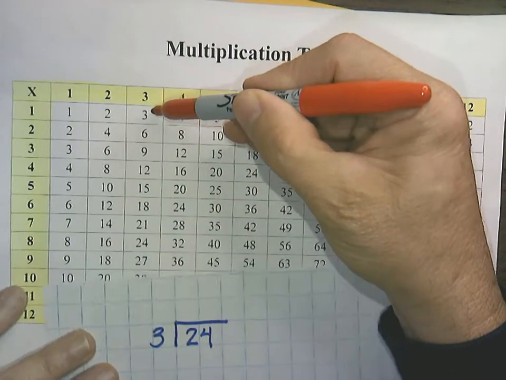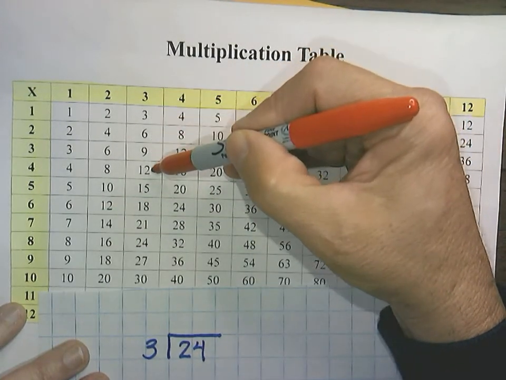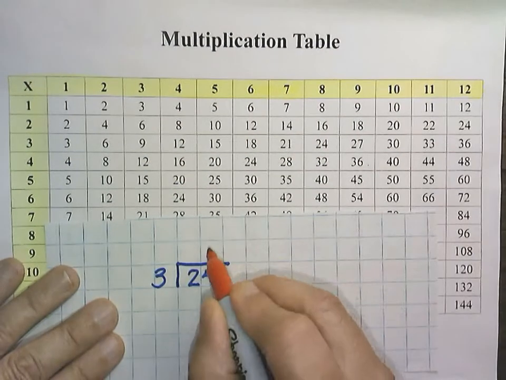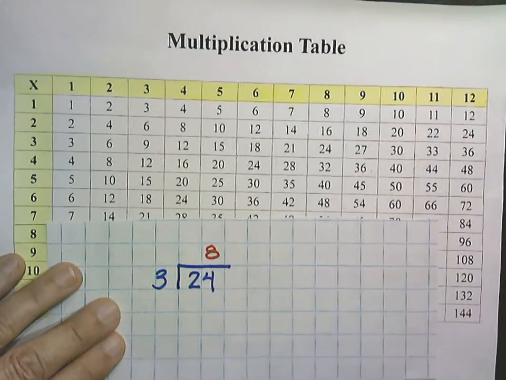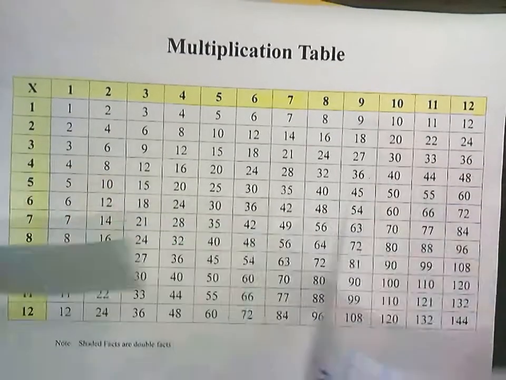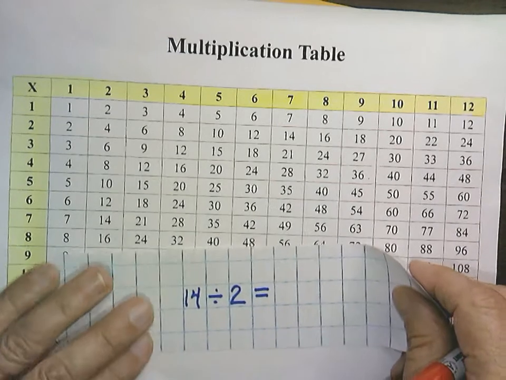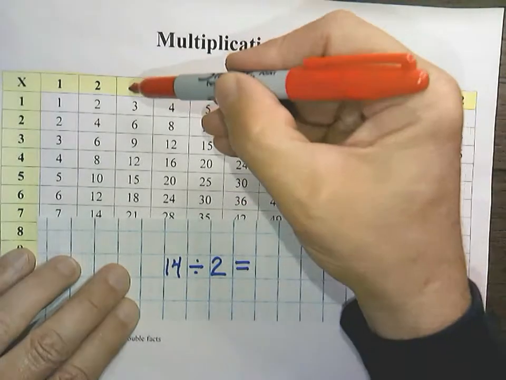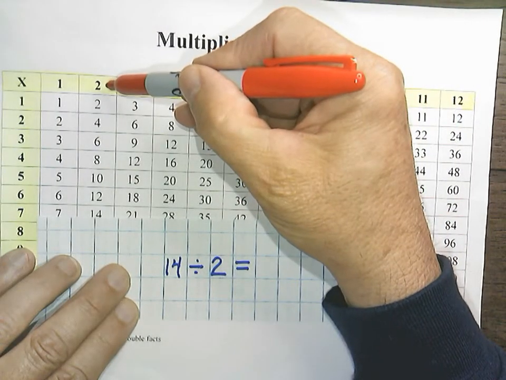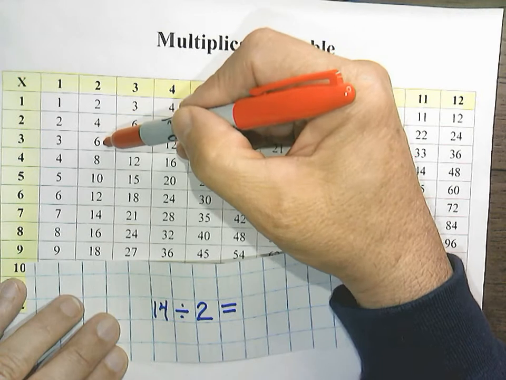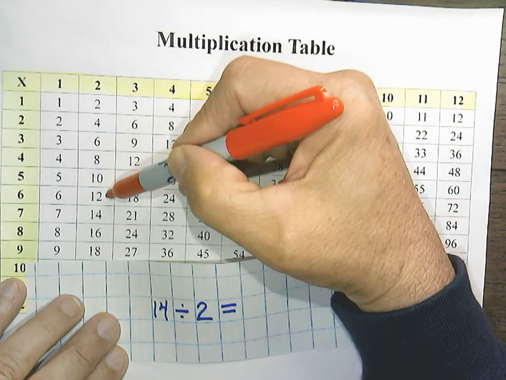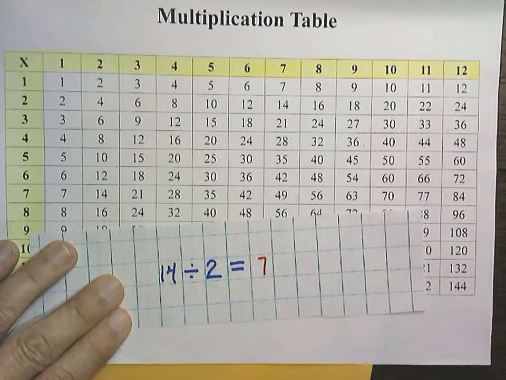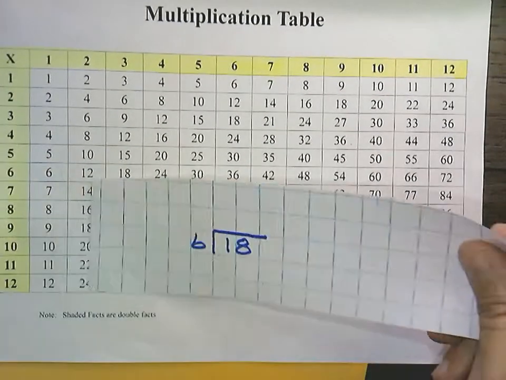Here's our 3, and if I count down 1, 2, 3, 4, 5, 6, 7, 8, 24 divided by 3 is equal to 8. 14 divided by 2. Here's my 2. 1, 2, 3, 4, 5, 6. There it is, 7. So 14 divided by 2 is equal to 7.